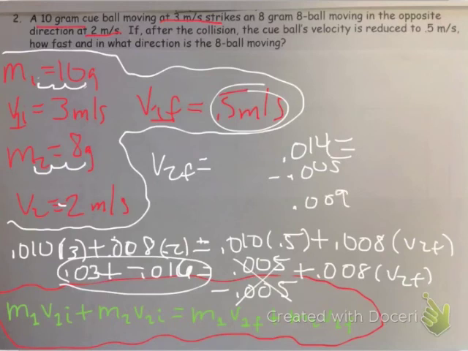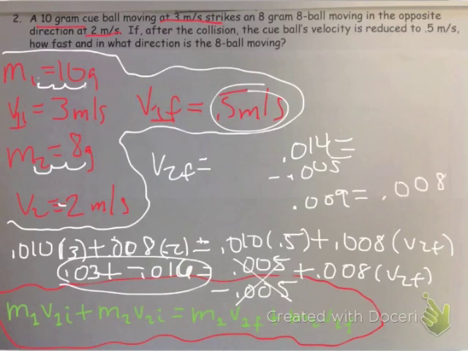To get that number on the other side, you just want to do the inverse operation, the opposite. So if it's a plus, you want to subtract that number to get to the other side. If it's a minus, or if it's negative, you want to add it to get to the other side. So that's 0.009 equals 0.008 times V2 final.